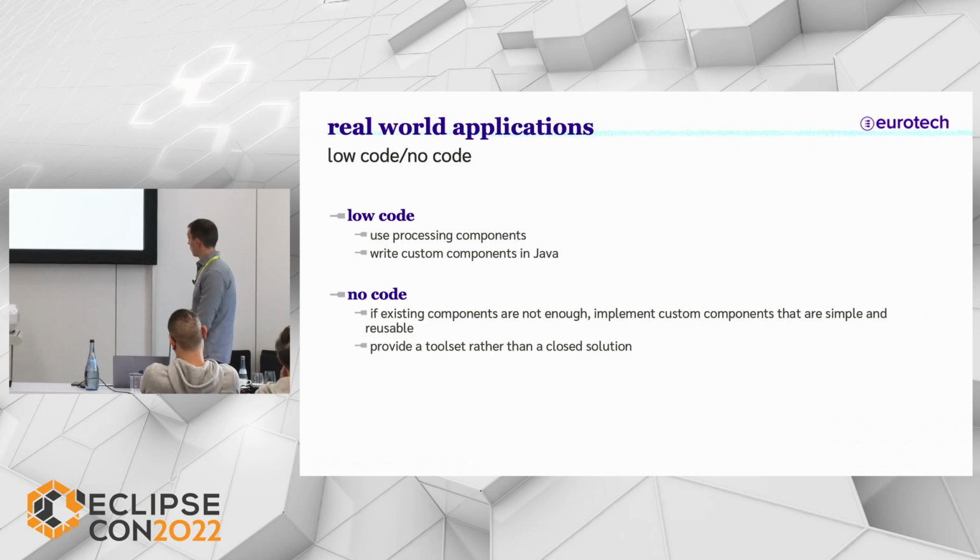In this case, what we usually do is implement some specific components that address their need, for example, if they need additional logic that is not supported by the existing ones. And we try to give them something that is easy to configure, easy to reuse. So at the end, rather than a closed solution that does a single thing, they get a set of tools that they can combine to address also different needs.